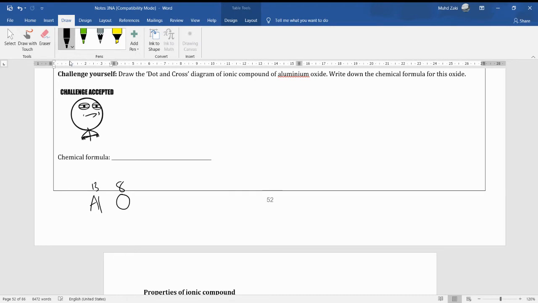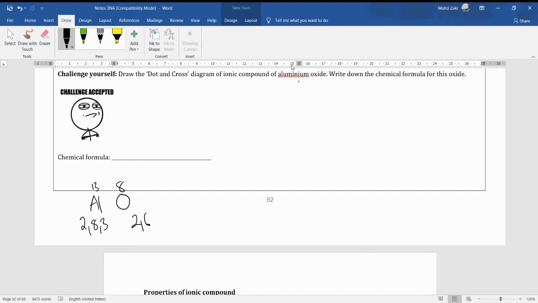Aluminium has 13 electrons, so you can write down the electronic configuration 2, 8, 3, and oxygen is 2, 6. How are you going to do this?